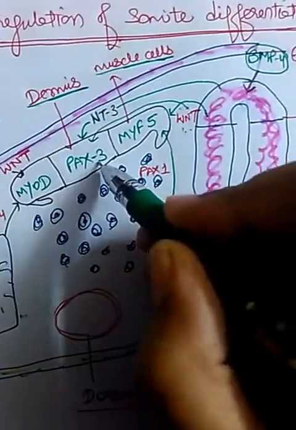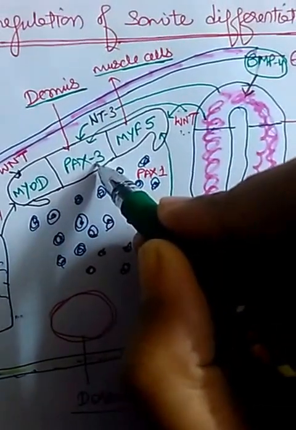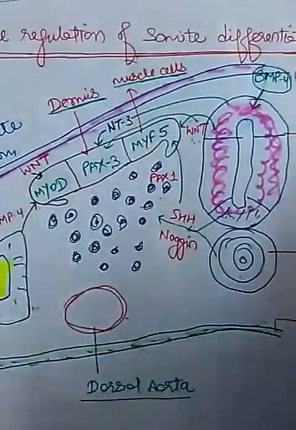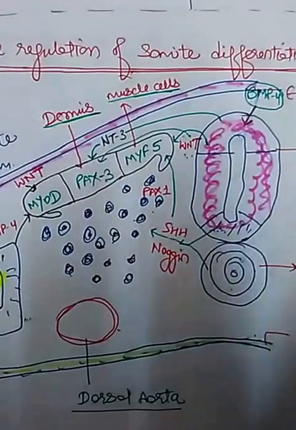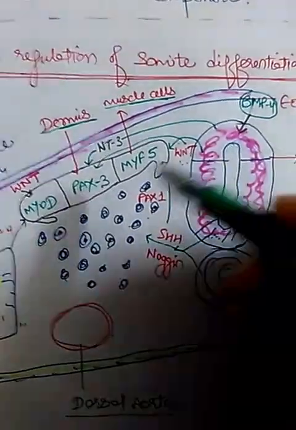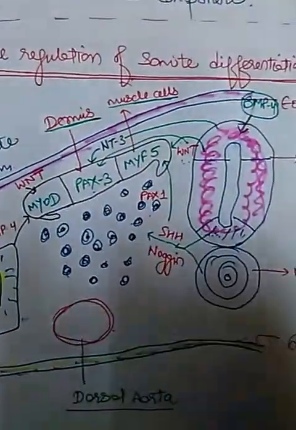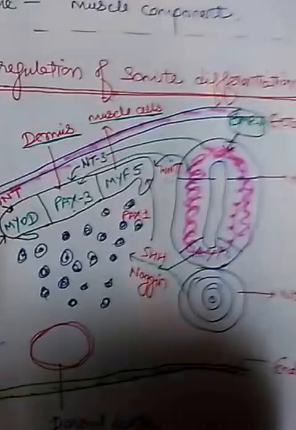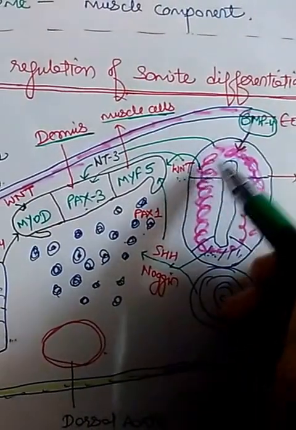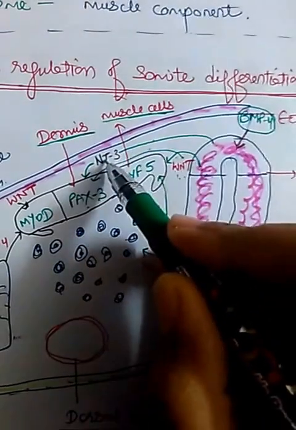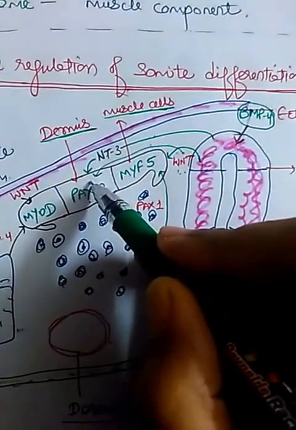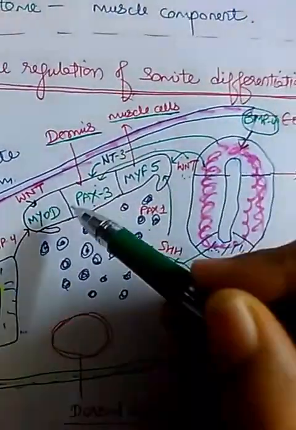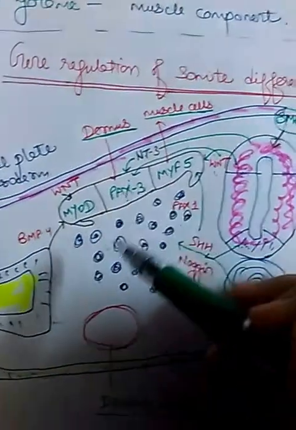This PAX3 leads to the formation of dermamyotome. PAX1 is from sclerotome. PAX3 is in your dermamyotome. Also the dorsal part of the neural tube forms neurotrophin 3, which again stimulates the same thing, the dermamyotome formation.